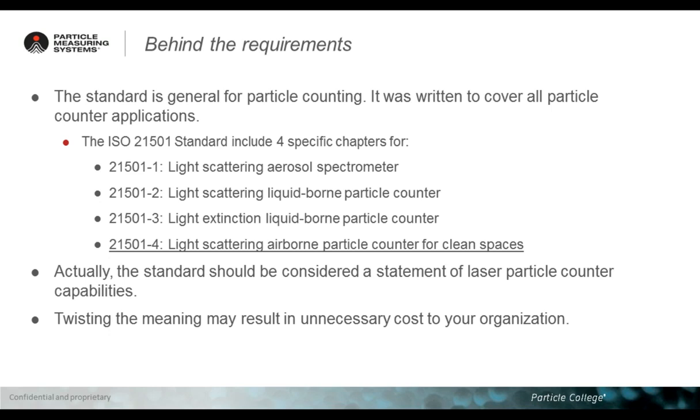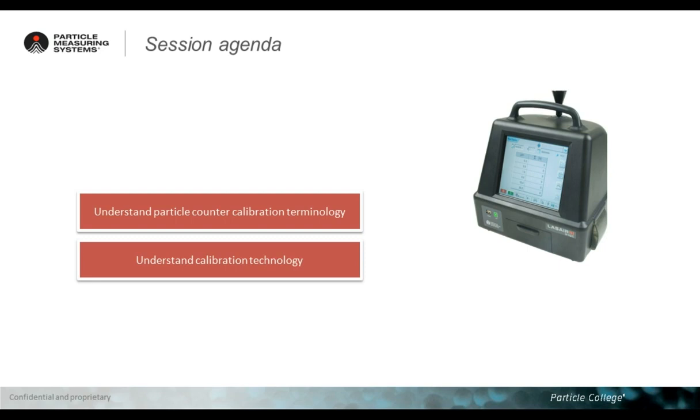I just want to make sure that you do not try to exceed the requirements of the ISO 21501, for example, by requesting your calibration lab to reduce the tolerance range from 10 to 5% or similar things. This is really not required, this is really unnecessary and may only result in additional maintenance costs for your instrumentation and, of course, for your organization.